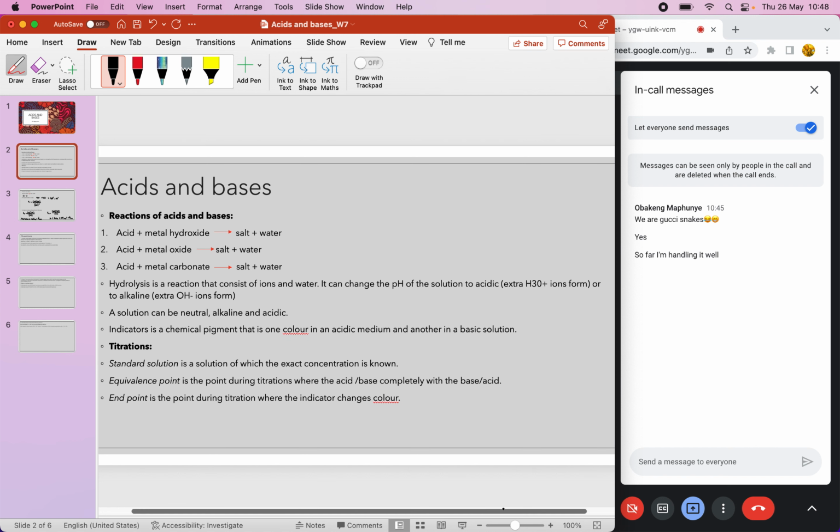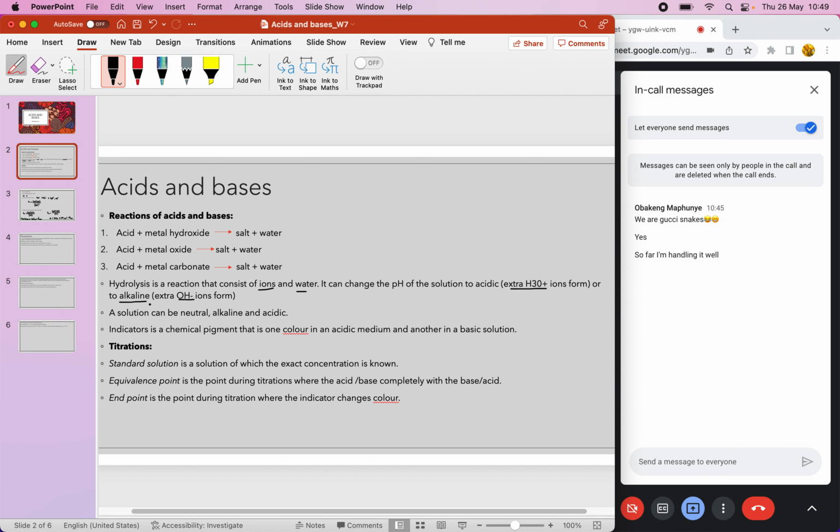This can be called salt hydrolysis, which is a reaction that consists of ions and water. It can change the pH of the solution to acidic when it has extra H3O+ ions, or to an alkaline, which is a basic, when it has extra OH- ions.